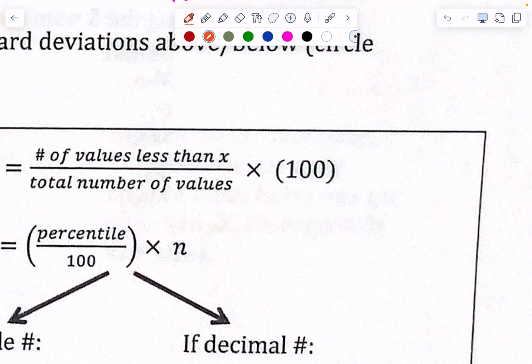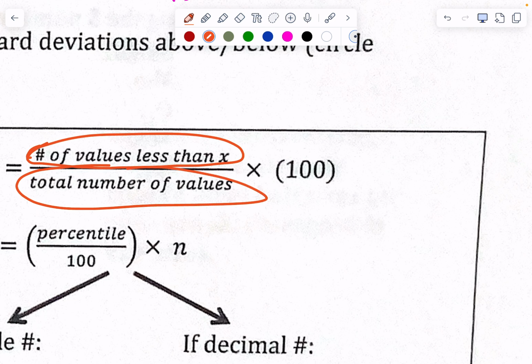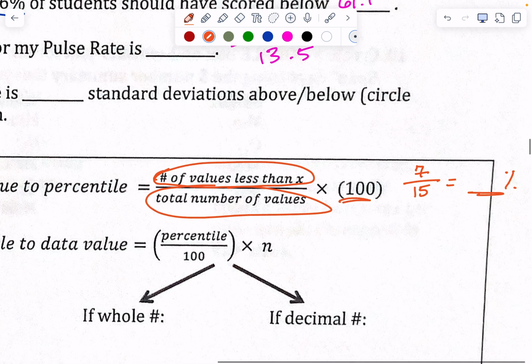So it is the number of values that are less than you divided by the total number of values, right? How many people are lower than you? So if there are 7 people lower than you out of 15, you are in that percentile, whatever percent that is. They say times 100, but you guys can convert to percent, right?